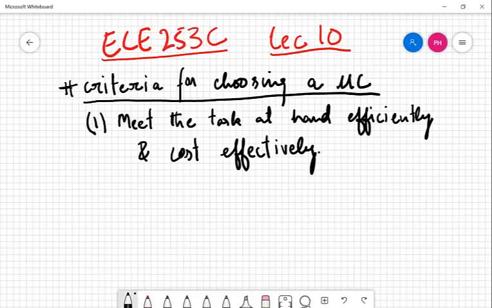There are many things. For example, we check for speed. In different applications, we need our microcontrollers to run fast or maybe faster. So speed is one of the criteria. How fast is the microcontroller, or what is the highest speed that it supports?